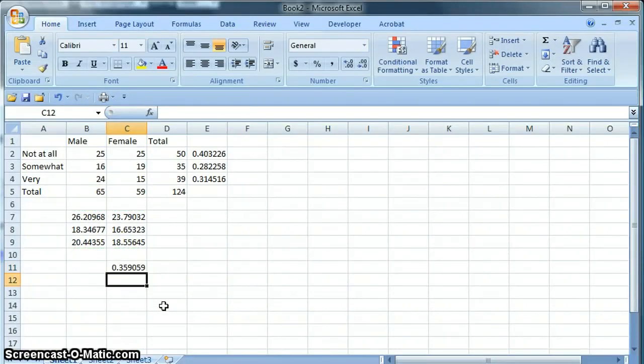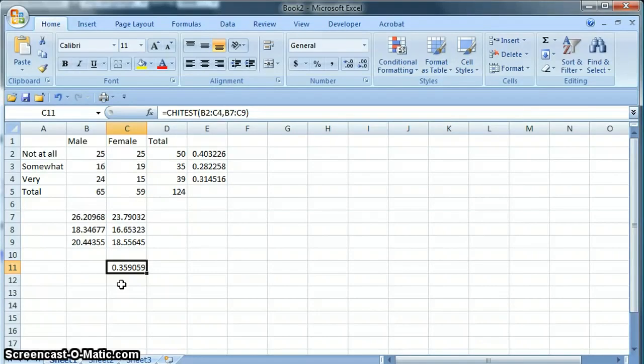This is about 0.36. This is a number that we have to compare to 0.05, which is our benchmark when we do a chi-square test. If the result of this test is less than 0.05, it means that we have enough evidence to conclude that males and females in the target population are in fact different.